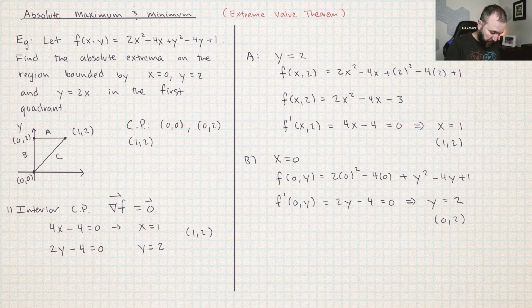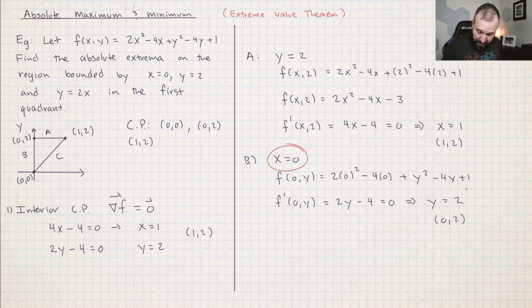Now I am checking the boundary B. That's this left side of the triangle there. So that's where x is equal to 0. So I just plugged x equals 0 into the function. That gave me a function of a single variable. And then I'm just rolling through the whole Calc 1 process where you just take the derivative and set that equal to 0, and that gave me y is equal to 2.